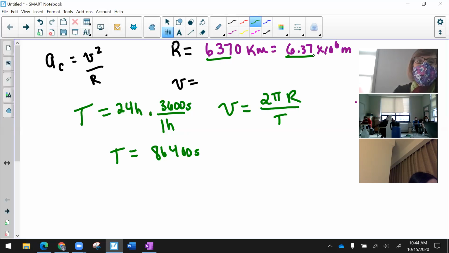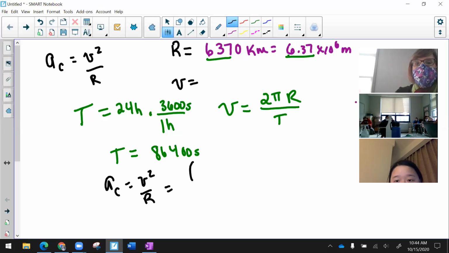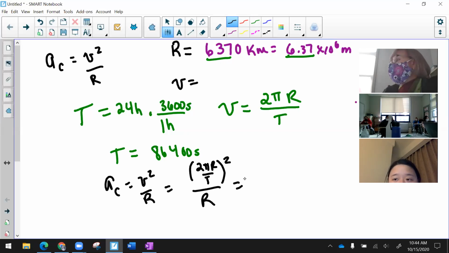Okay, so I know that a_c is V squared over R. So that's going to give me (2 pi R over T) squared divided by R, right? If I just substitute in.